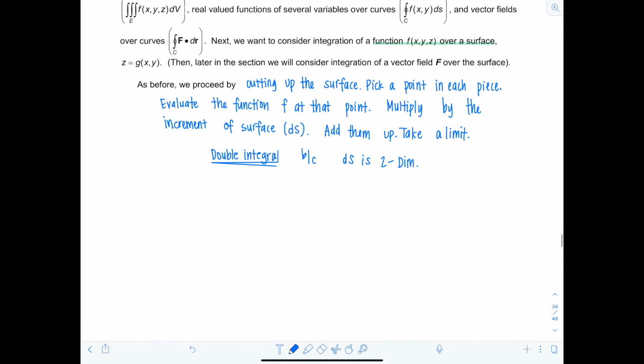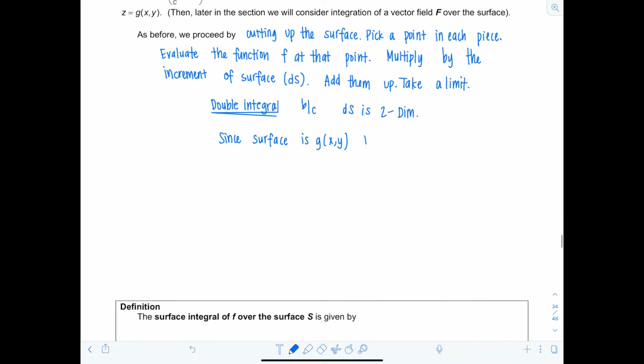Now, since the surface, in this case I specifically said, is in the form g of x, y, it's a function of x and y, then we know from before that ds is going to equal the square root of the partial of g with respect to x squared plus the partial of g with respect to y squared plus 1 dA.